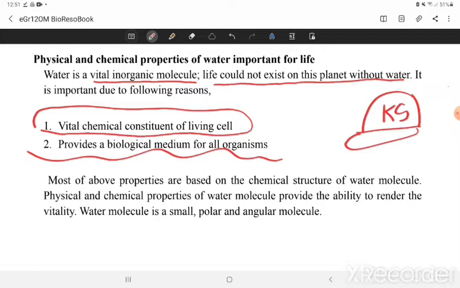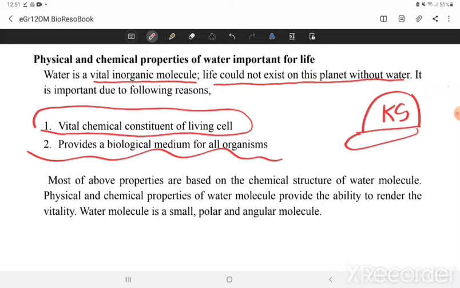When reactions happen, you need water in a cell. For enzymatic reactions, and many other functions, you need water, and to maintain the shape of the cell also. There are so many functions.